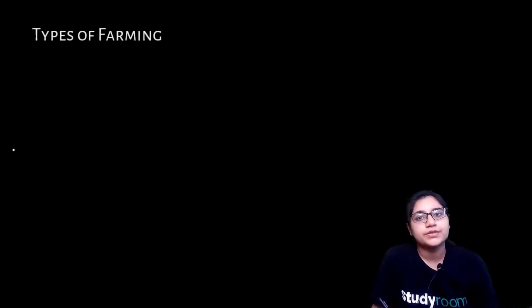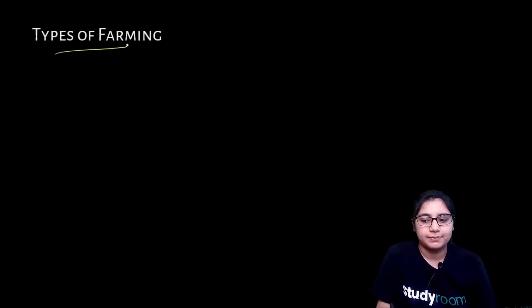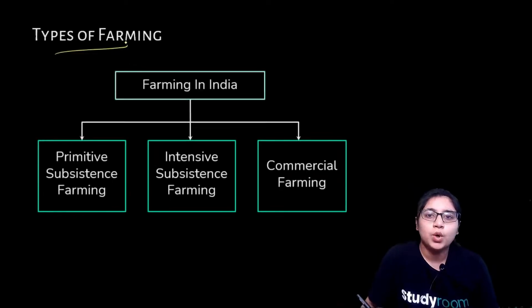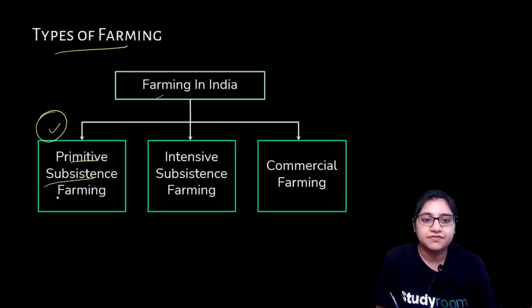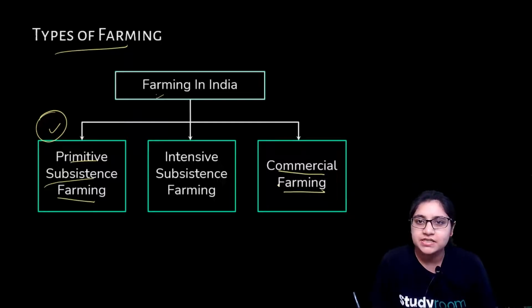So now we are going to learn about types of farming. Over the ages, our types of farming have evolved, right? In the initial stages, we used to do primitive subsistence farming, and now we do commercial farming. What is the difference between primitive subsistence and commercial farming?